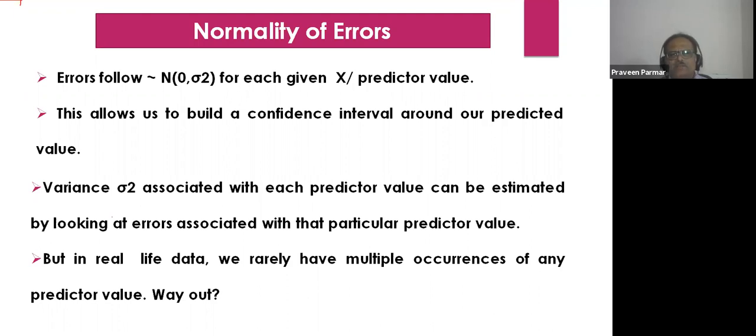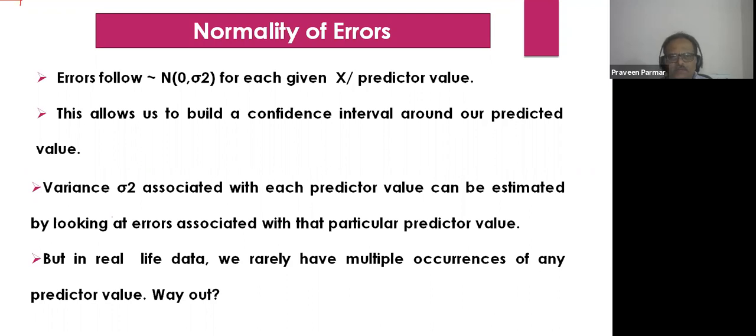Whatever predicted value we get, we could create some confidence interval through that line. So the variance sigma square associated with each predictor value can be estimated. Variance sigma square is the square of the standard deviation, by looking at the error associated with that particular predictor value.